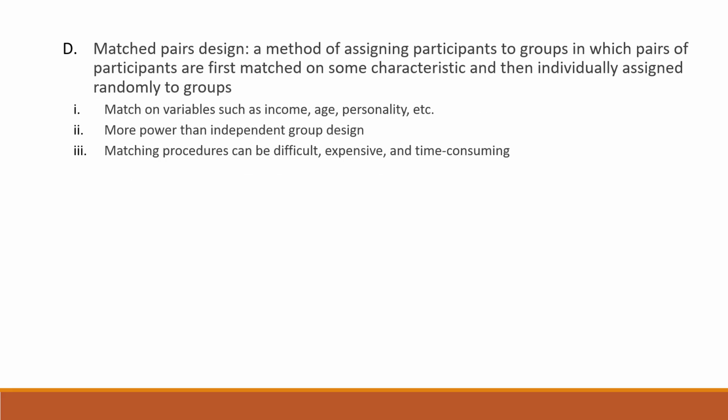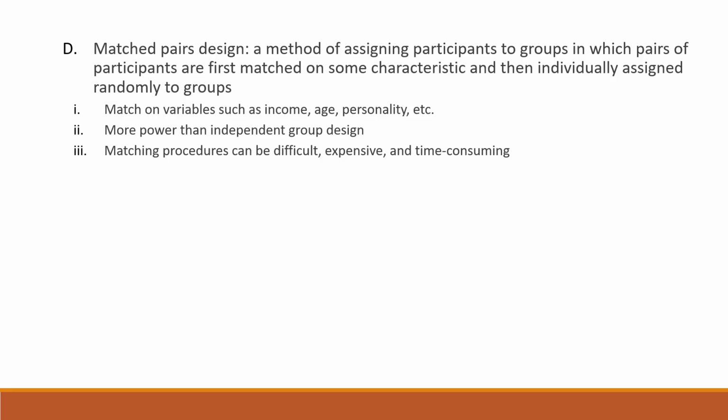Match pairs design is a method of assigning participants to groups in which pairs of participants are first matched on some characteristic, and then individually assigned randomly to groups. We can match people on income, age, personality, or other variables to minimize group differences.